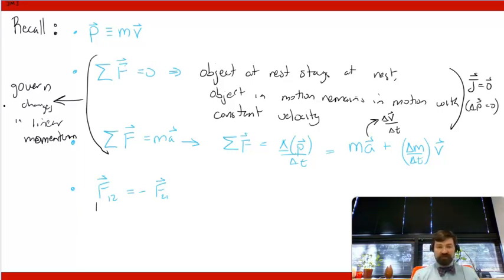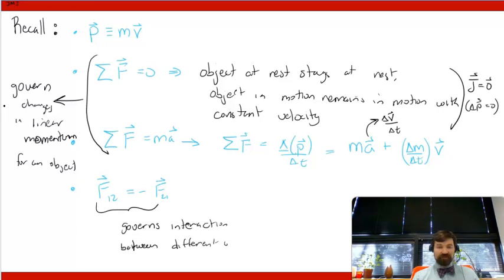This third law is interesting because while the first two govern changes in linear momentum for an object, the third law governs interactions between pairs of objects, between different objects.